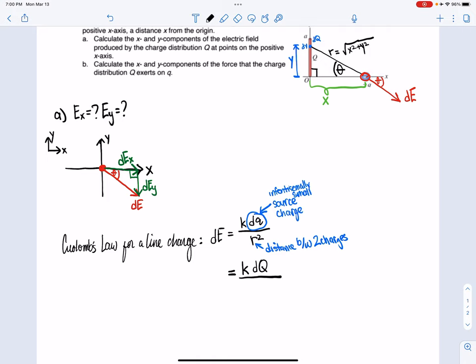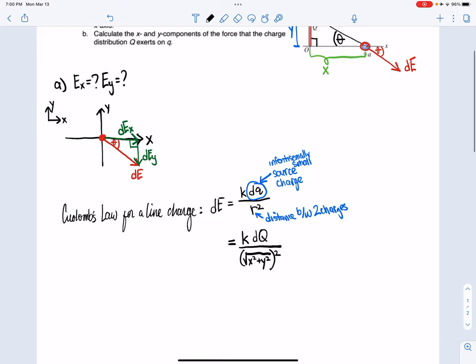Divided by our distance between the source charge and the point where we want to find the electric field, which is the square root of x squared plus y squared. And then we square that because of this square right here. Okay. And now let's break that down even further.